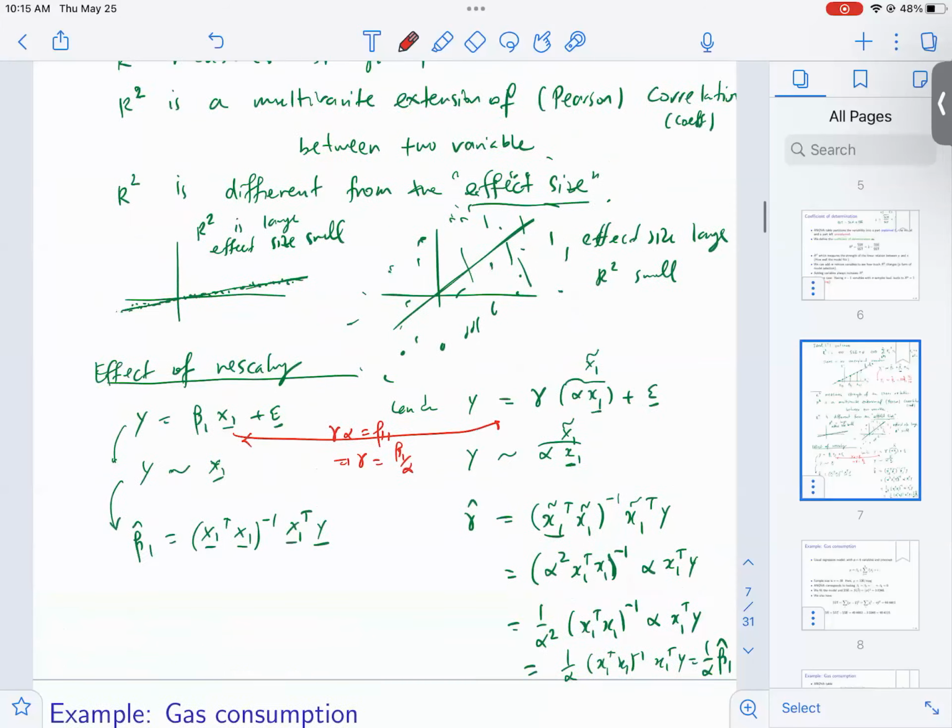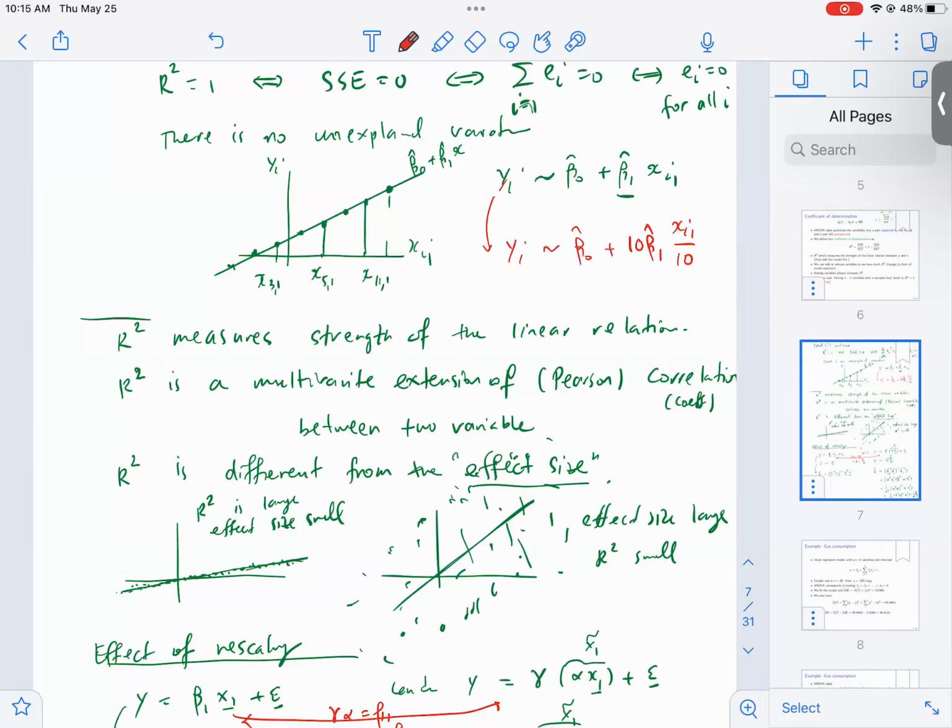Okay, so do the calculation for yourself, but if I divide one of the covariates by 10, the effect on beta hat is that I get the same beta hat multiplied by 10. So I can change the effect size arbitrarily by changing the covariate. That's why statisticians don't care much about the effect size. It's not meaningful.